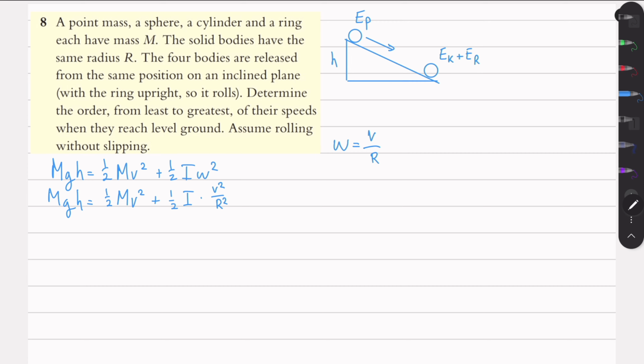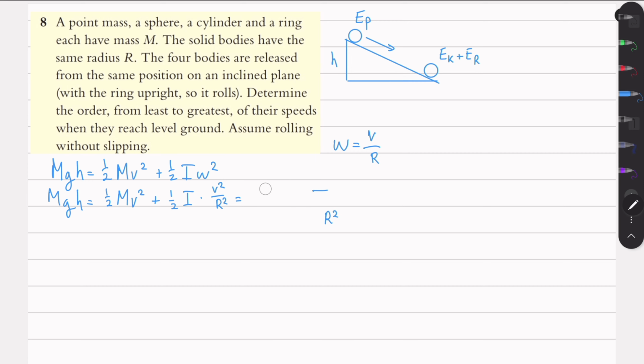So what we can do on the right side is factor out a v squared. So we'll have v squared times 1 plus the moment of inertia divided by mr squared.